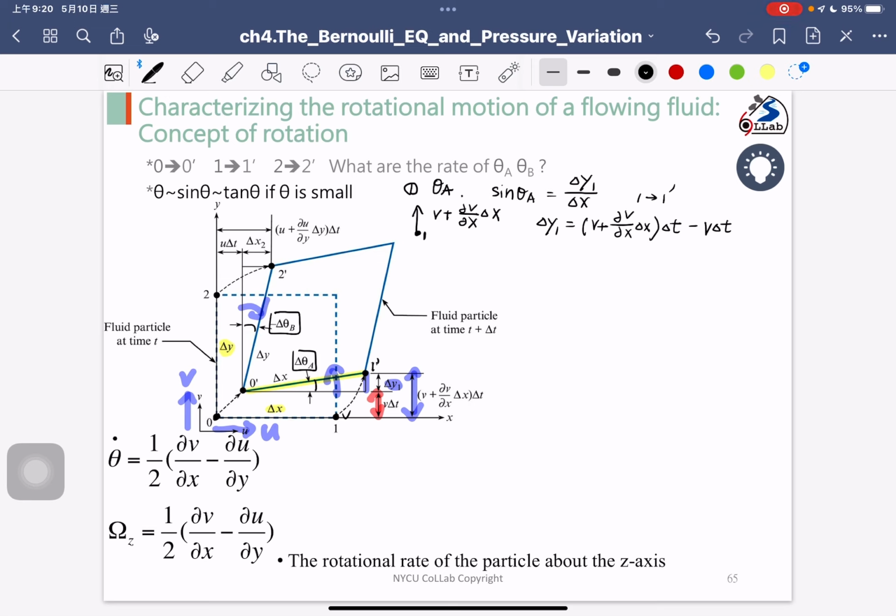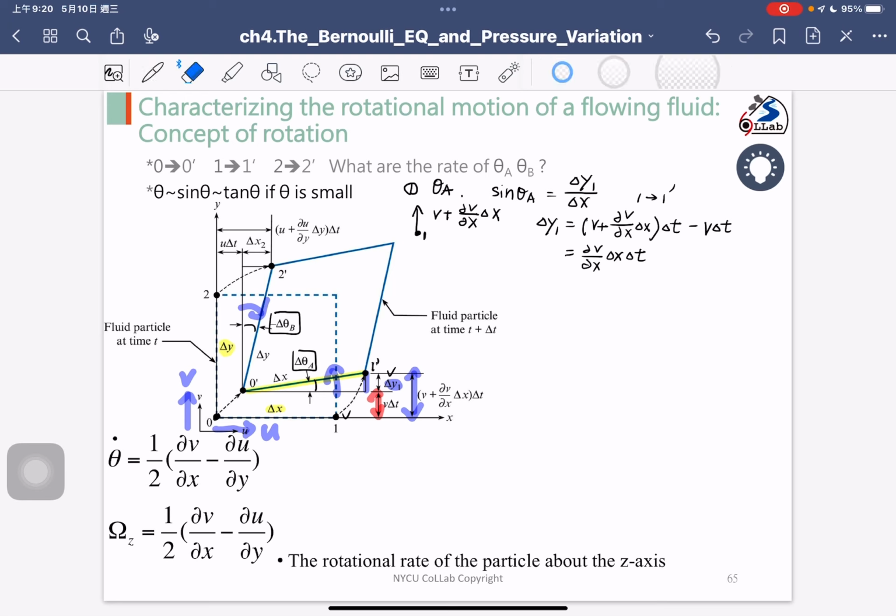Okay, so I can compute delta y1 here. So you can expand and reorganize the final result, and we only have dv/dx multiplied by delta x multiplied by delta t, right? So this is our delta y1.